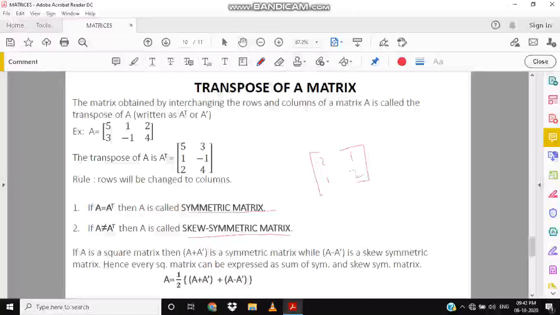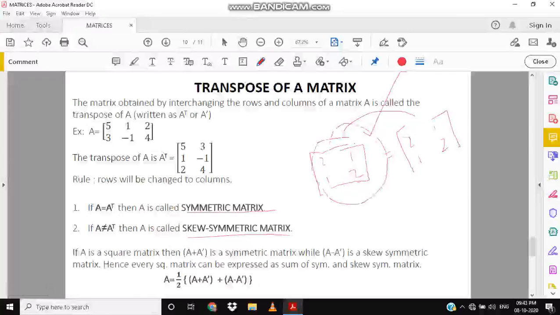We transpose this one: we write all the elements in row wise into column wise. So here it is 2 1, and then we take the second row and write it in the second column. See, aren't these two matrices the same? Therefore we say this kind of matrix is a symmetric matrix.